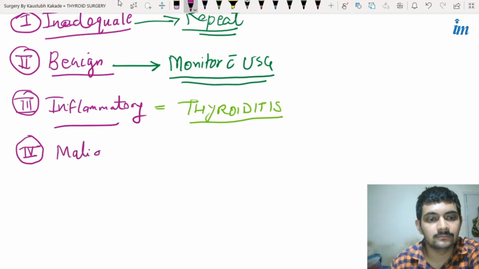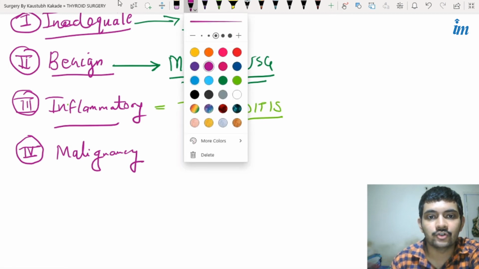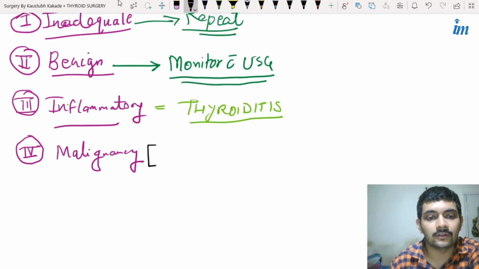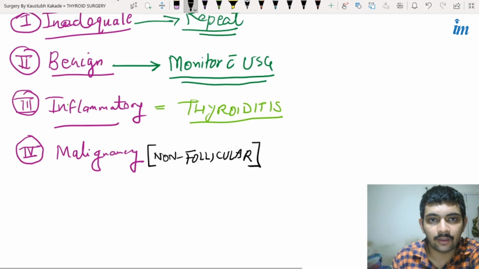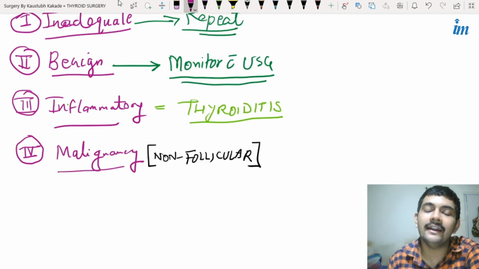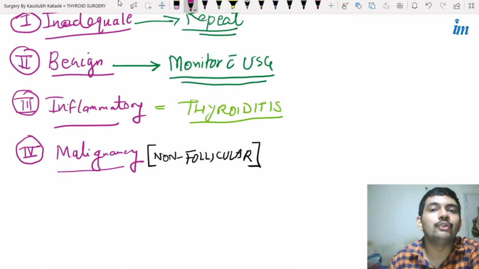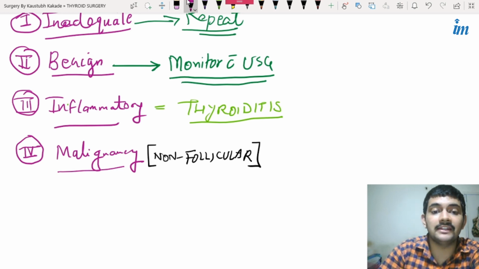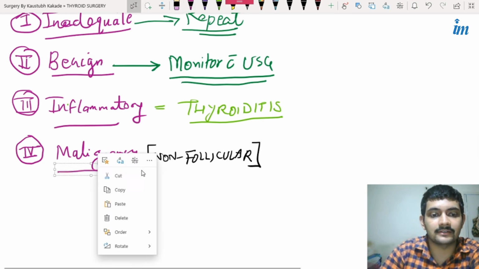Then the fourth thing that you could get is malignancy. But remember, this malignancy should be a non-follicular one. That means no follicles are formed in this. In such a situation, where it is non-follicular and malignant, do you wait? No, there are many chances that this may metastasize.